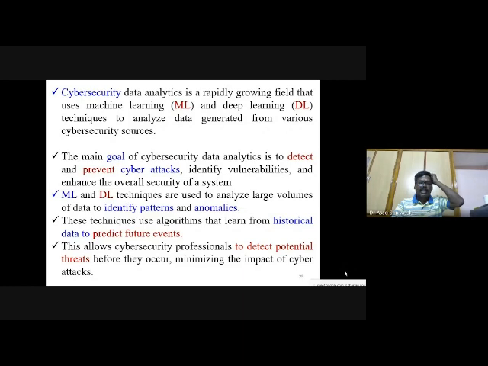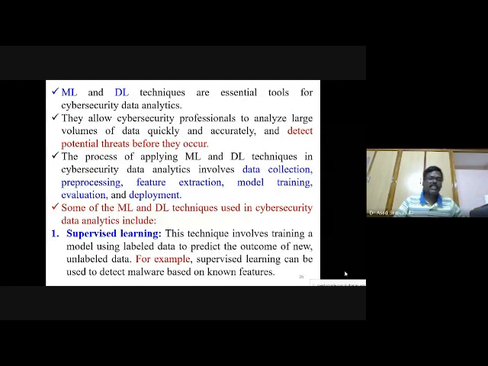That's why cyber security professionals, like cyber security engineers and faculty members, can detect potential threats, attacks, and cyber criminal activities before they occur, minimizing the impact of attacks from cyber criminals and malicious attackers.